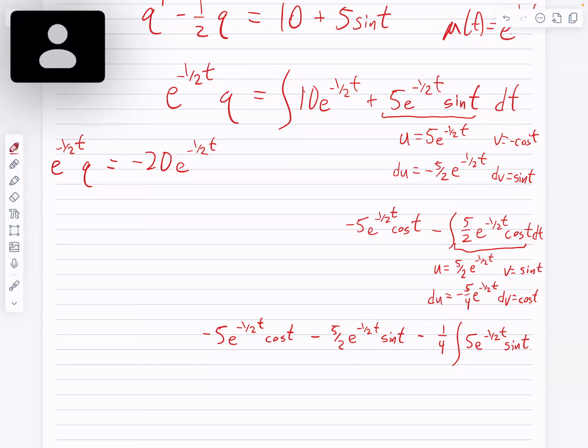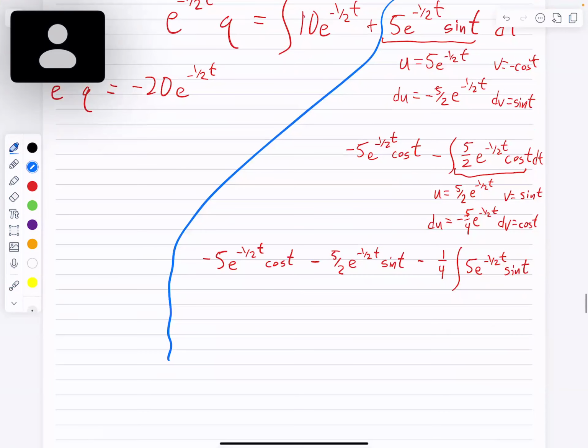And so I have 1/4 and 1. So this is that thing where this is the original integral, and I have to add. So this is all like a dirty aside. So I have to do that. The integral of 5e to the -1/2 t sine of t dt equals this stuff.